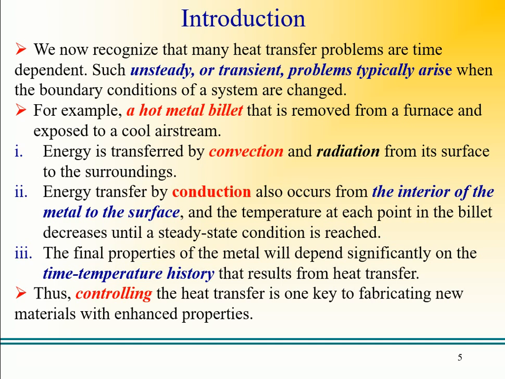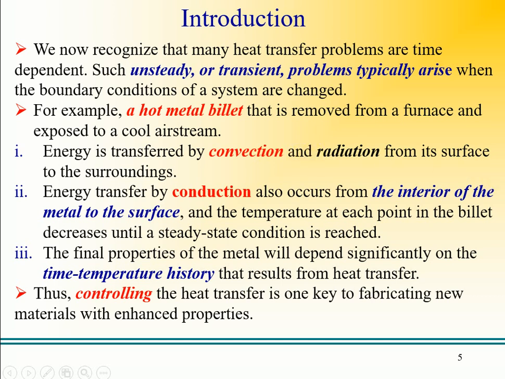This technique is mostly used in manufacturing processes to control the temperature of the material, so it is cooled quickly, which is quenching, or cooled over some time. This gives the material different properties, and the properties change by controlling the heat transfer with time.